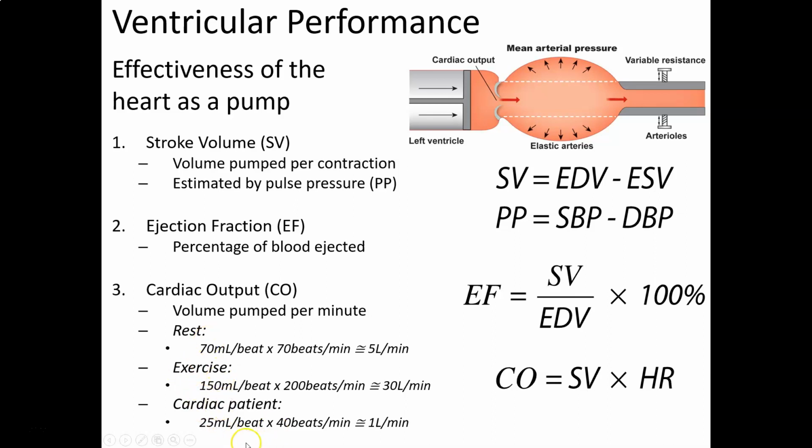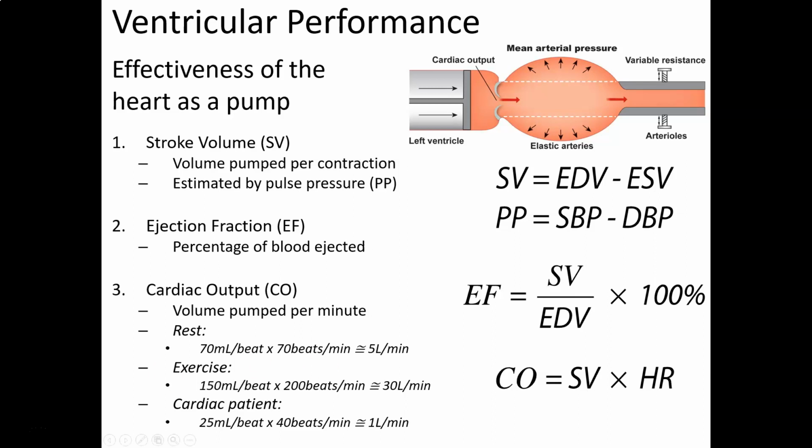During exercise, your heart rate may go up to 150 or even 200 at max, and the stroke volume is 150. So you'd go from 5 liters per minute up to about 30 liters per minute in terms of cardiac output. So a 6 times increase from rest.